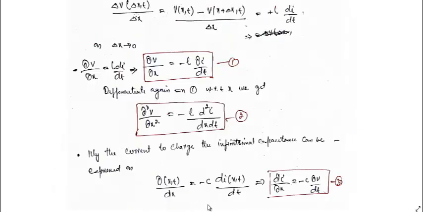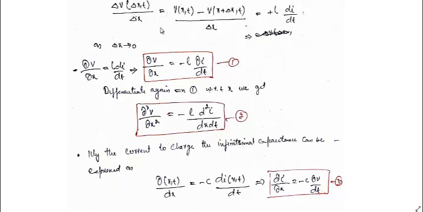Divide both sides by delta x, we get delta V by delta x, that is V of x, t minus V of x plus delta x, t, divided by delta x, equal to L di by dt. Now this L is again the per unit value, inductance per unit length. So you can see when delta x tends to 0, this will go to dv by dx, or del v by del x, since it's a partial derivative.